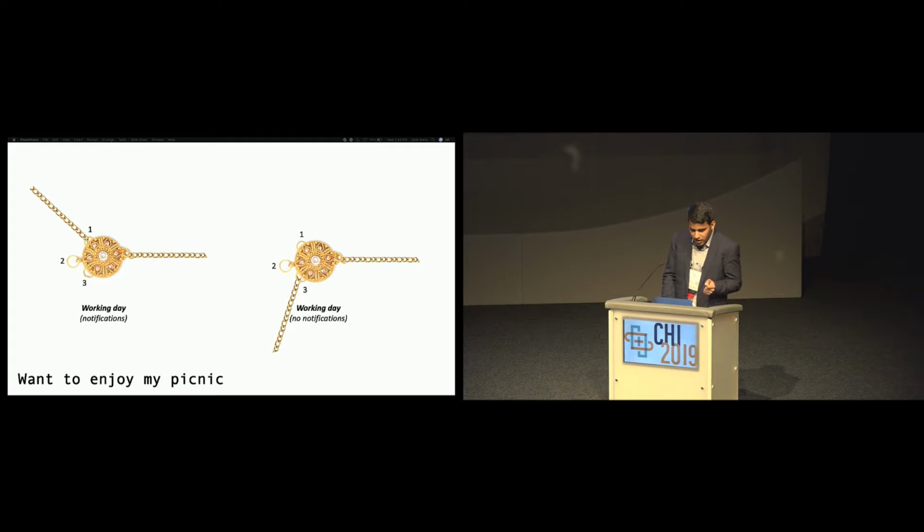If it's a working day, the user can choose to put the chain into one jump ring. But if it's a holiday, then the chain can be put into a different jump ring, which is 3 in this case. This information can be passed to the phone, and the phone would react correspondingly.